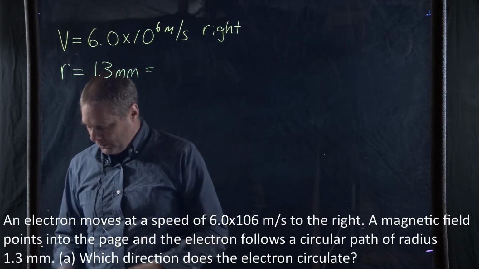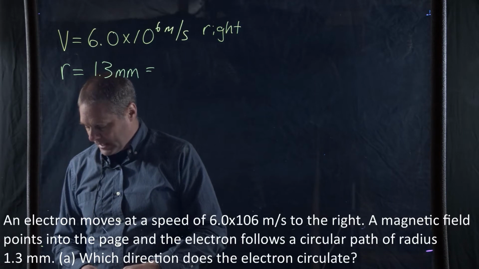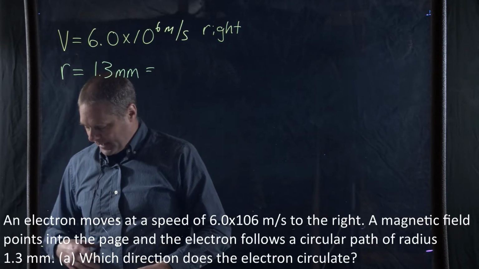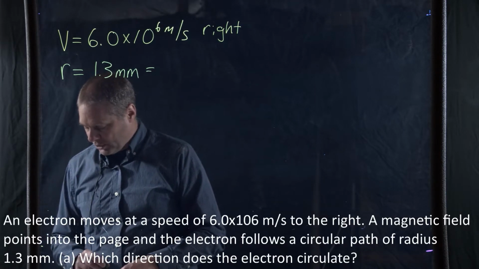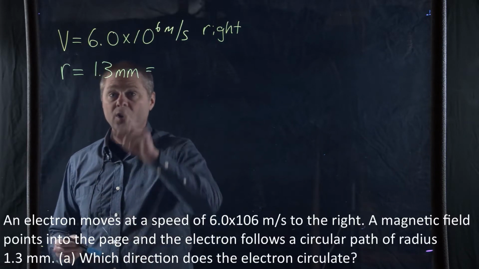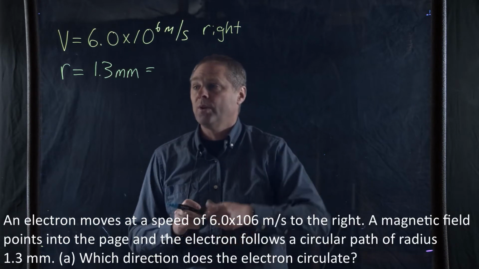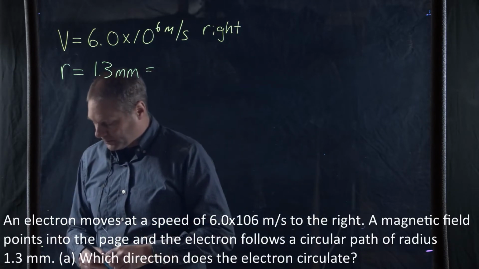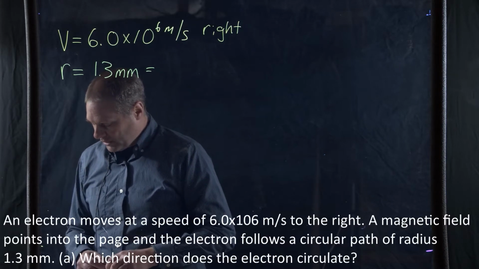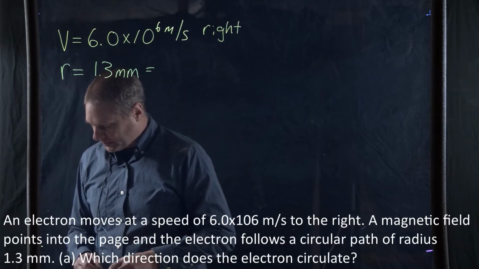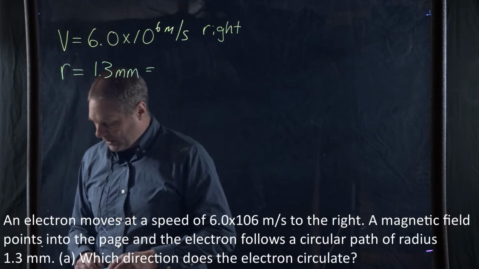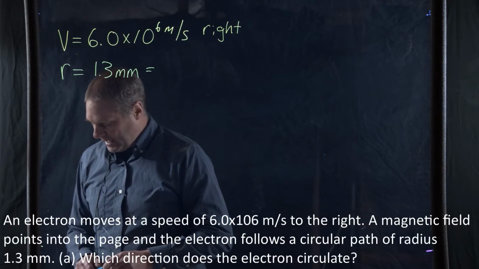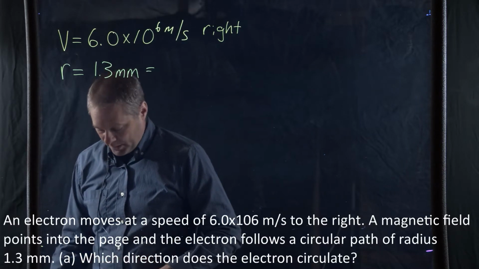A magnetic field points into the page, and the electron follows a circular path of radius 1.3 millimeters. So the radius is 1.3 millimeters. I was getting ahead of myself, sorry. A: which direction does the electron circulate? B: find the magnitude of the magnetic field. And C: find the magnitude of the acceleration.